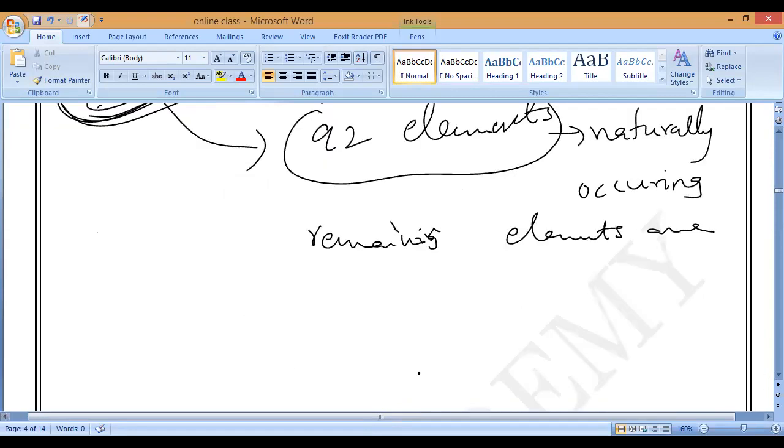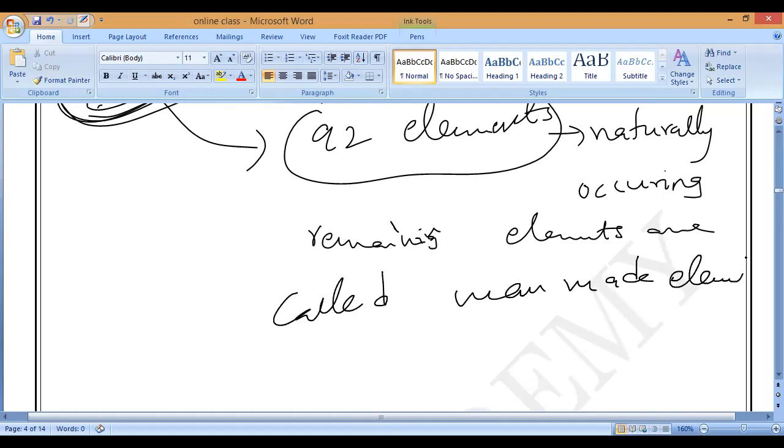That is why they are called artificial: the elements have been prepared artificially. Please write it. Remaining elements are called man-made elements, which are prepared artificially.